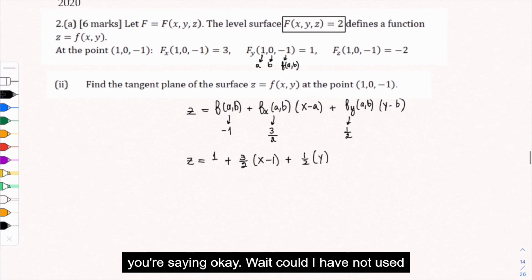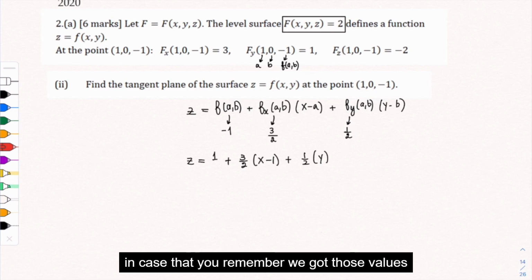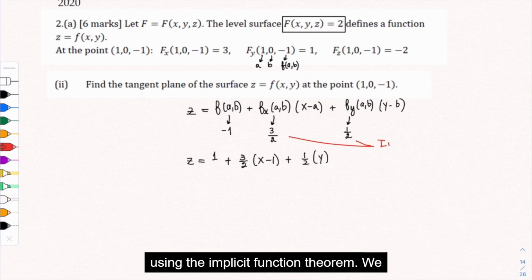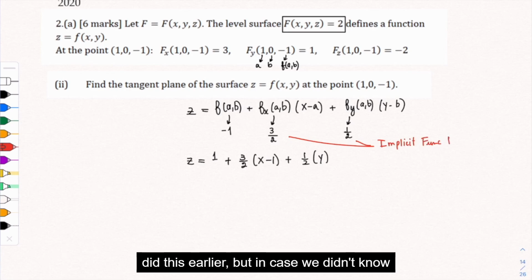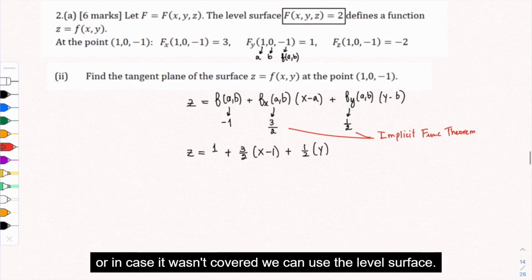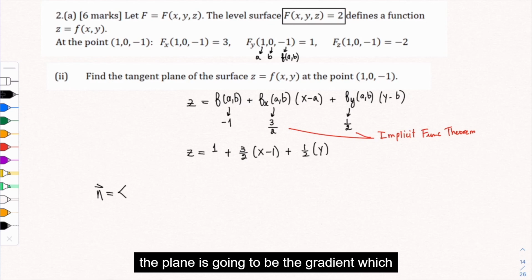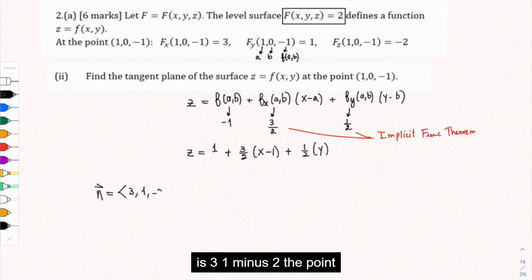Now, you're saying, okay, wait, could I have not used the level surface? And of course I could have. In case you remember, we got those values using the implicit function theorem. We did this earlier. But in case we didn't know the implicit function theorem, or in case we forgot it, or in case it wasn't covered, we can use the level surface. So we can say that the normal to the plane is going to be the gradient, which is (3, 1, minus 2).